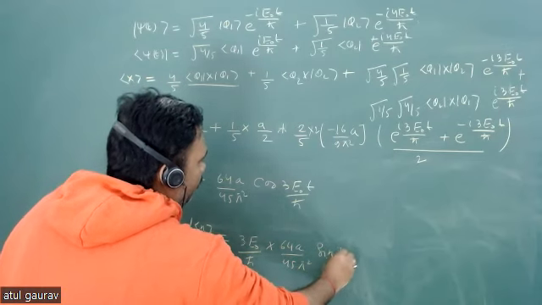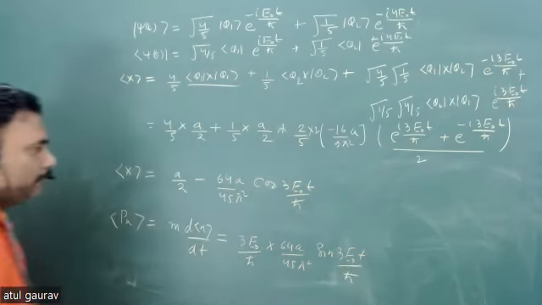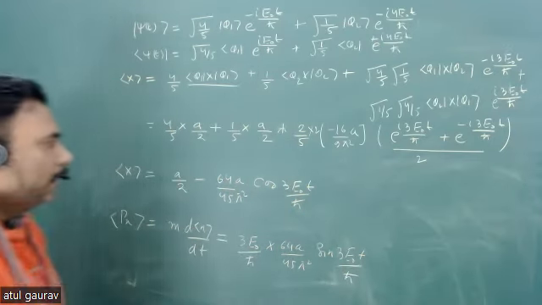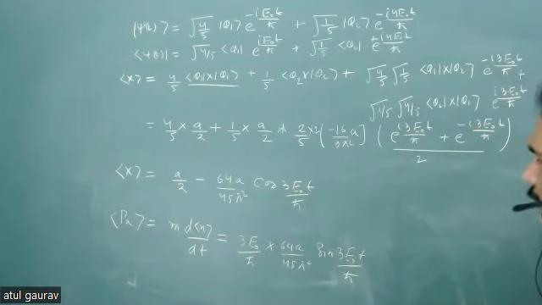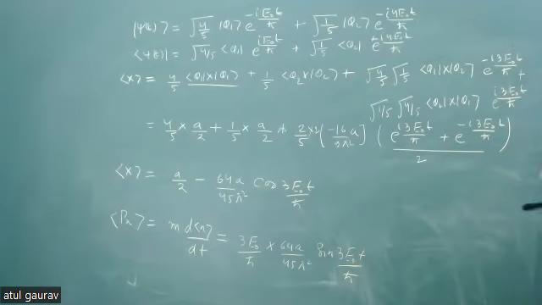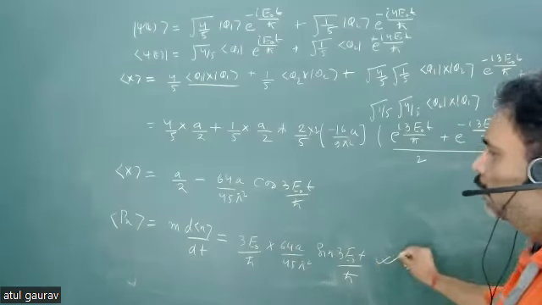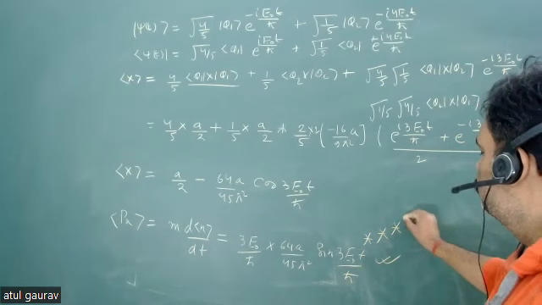This will be sine 3 e naught t upon h cut. Are you getting my point? ठीक है ना? तो आप इसको कैलकुलेट करके देख सकते हो, जो भी वैल्यू आ जाए आपको. सो दिस विल बी योर एवरेज वैल्यू ऑफ मोमेंटम. तैयार रहो एग्जाम में इस क्वेश्चन के लिए.